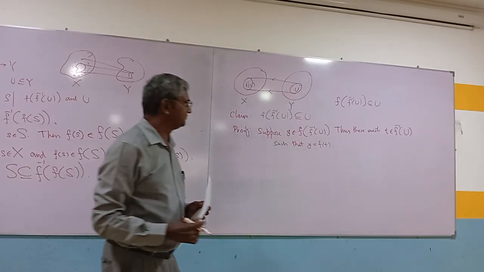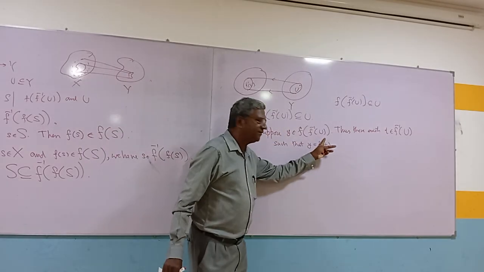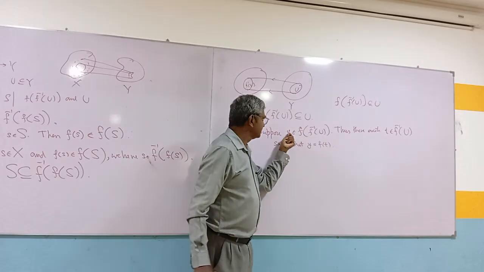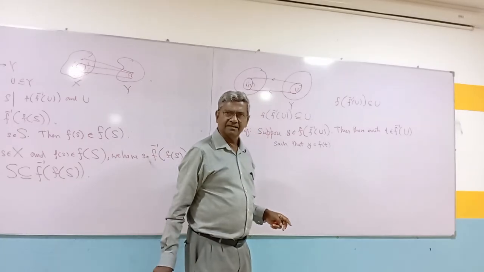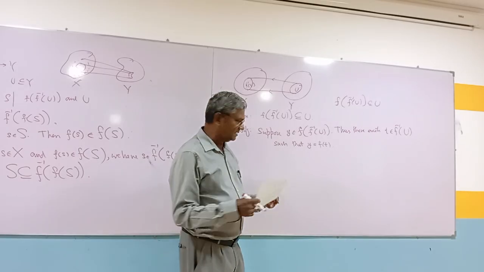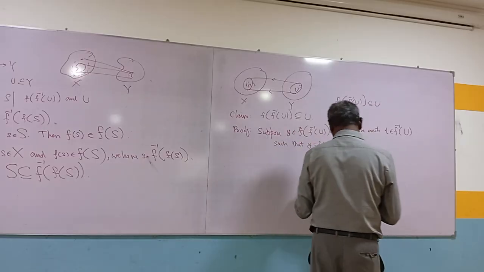Do you agree? If y belongs to f of f inverse U, there must be some t here such that y is equal to f(t). It is a trivial statement.